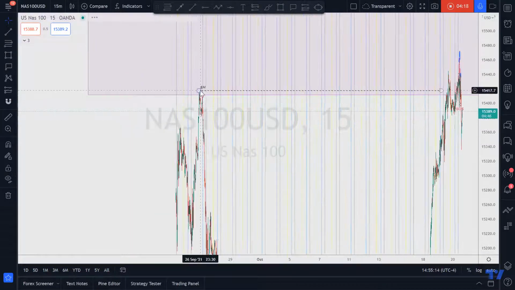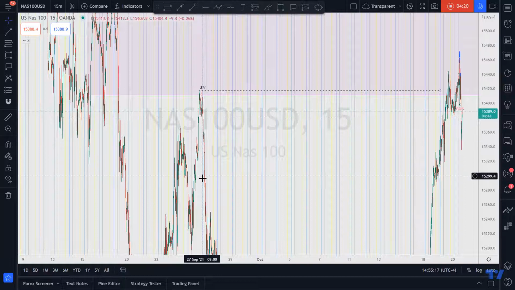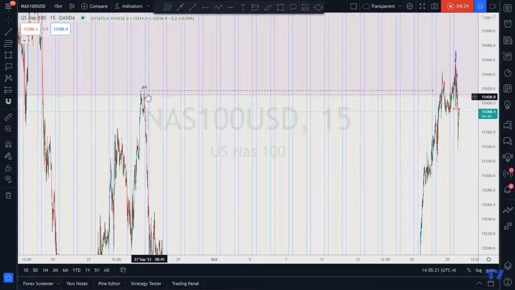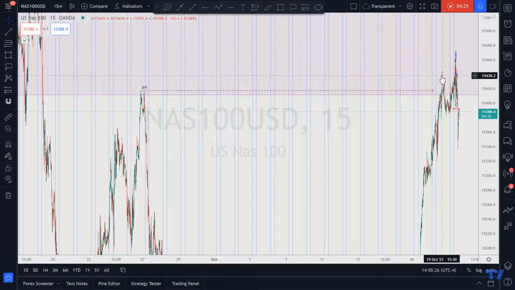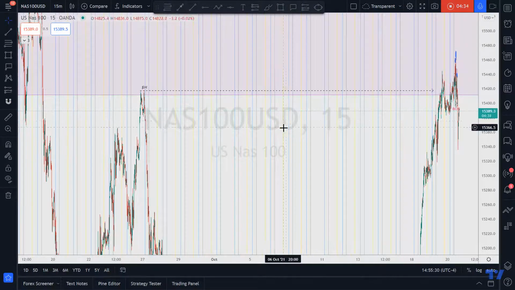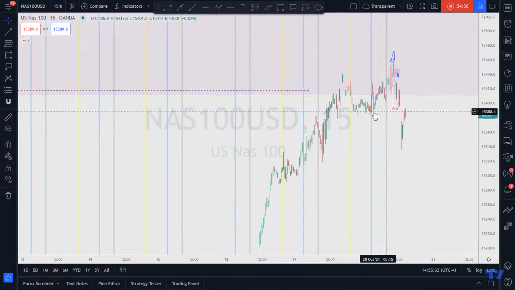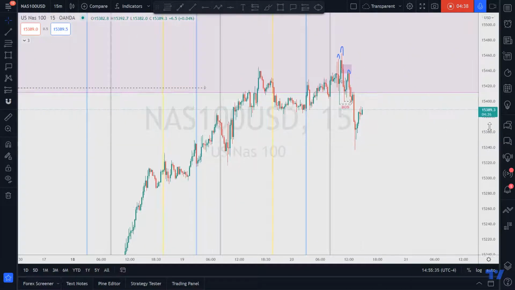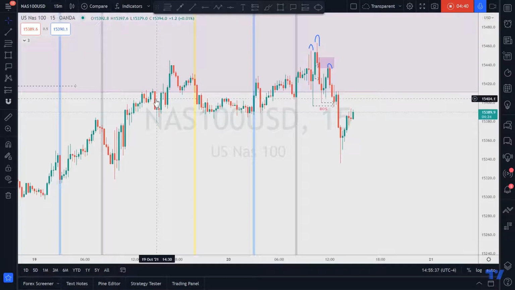This is actually a break of structure of this high, but there's also liquidity up here to get, and price made sure it came high enough to get that liquidity. Okay, and it starts to form a higher low situation over here. And this is what I look for in reversals.